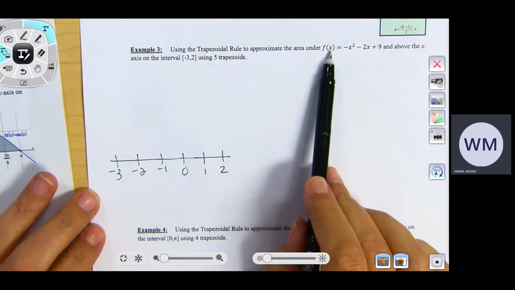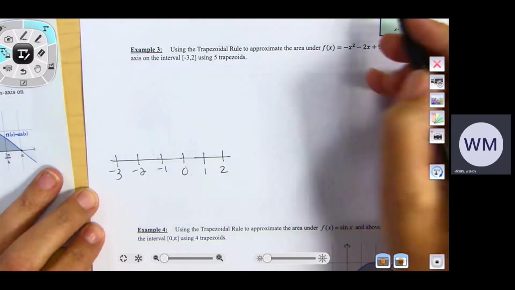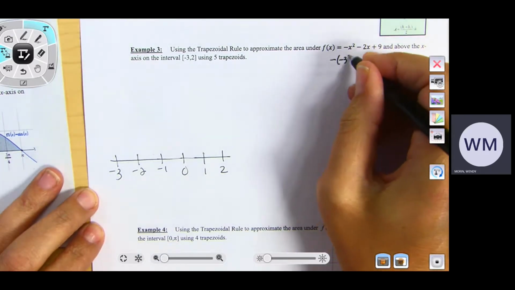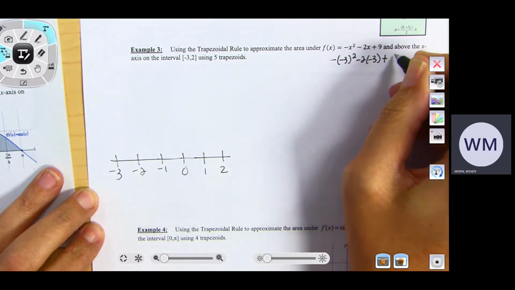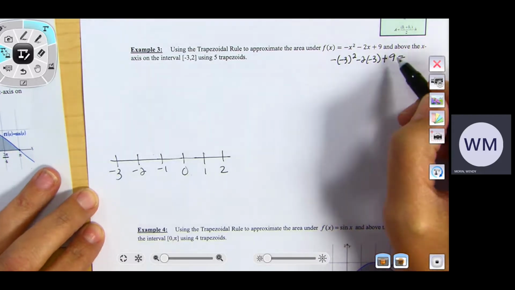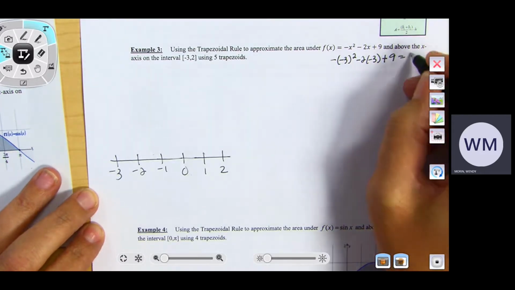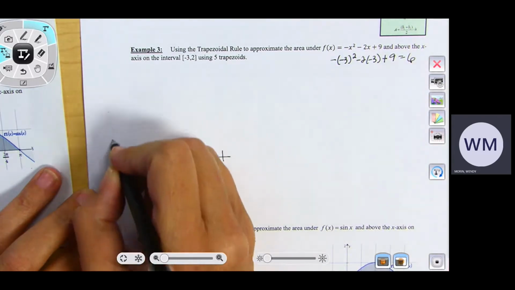So start the same way here. We've got this equation here, -3. This is the opposite of -3 squared, -2 times -3 plus 9. If you add that correctly, you will get 6. So -3, 1, 2, 3, 5, 6.